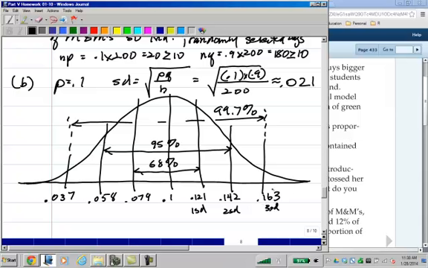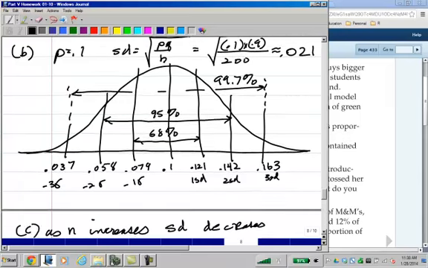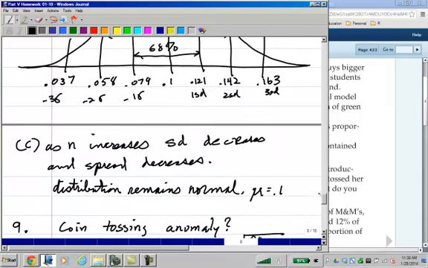Each standard deviation has 0.021 added to it, and here's negative 1 standard deviation, negative 2, negative 3 standard deviations. And that's it. And so then you have the 68, 95, 99.7 distribution.